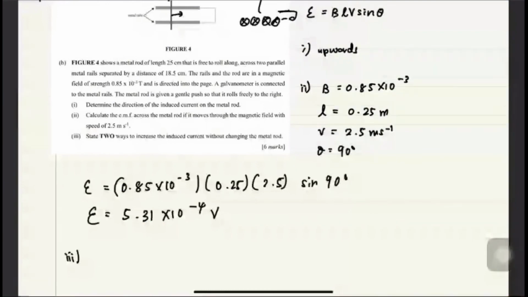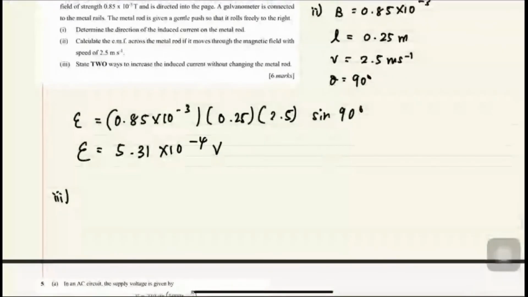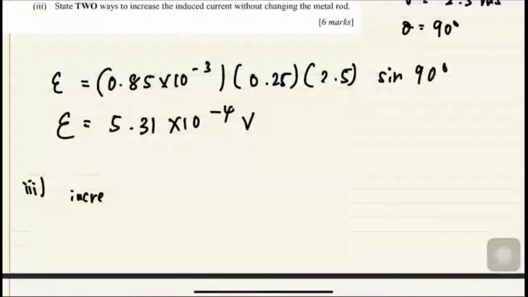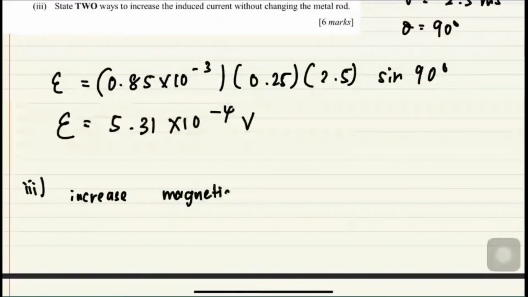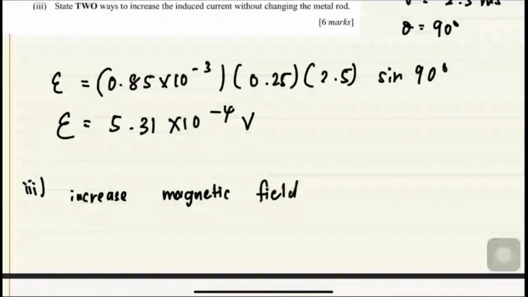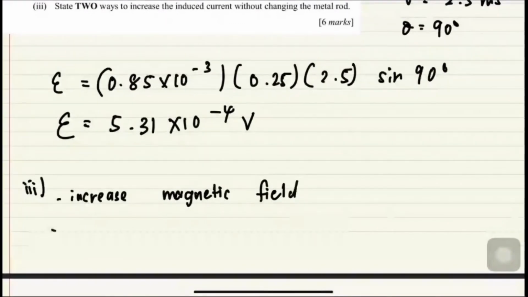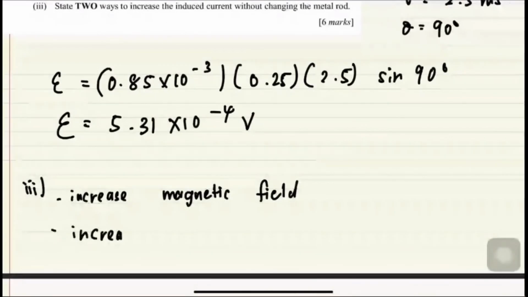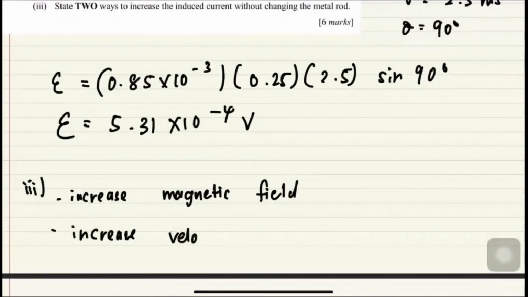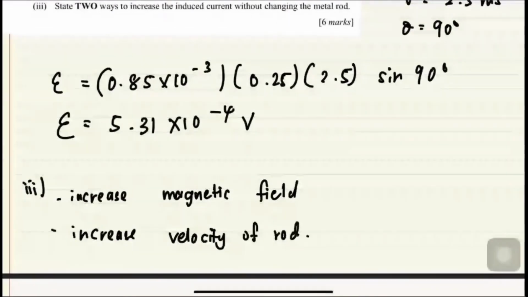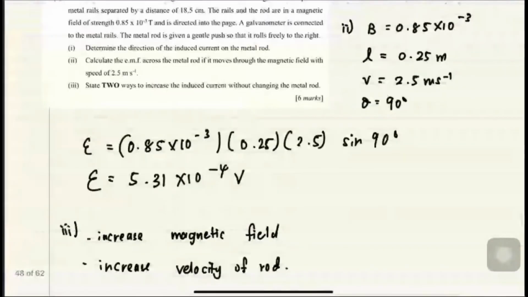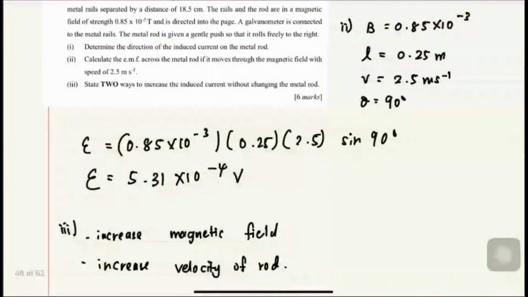So you can increase B and V. Increase the magnetic field, or you can increase the velocity. So that one is 1 mark each.